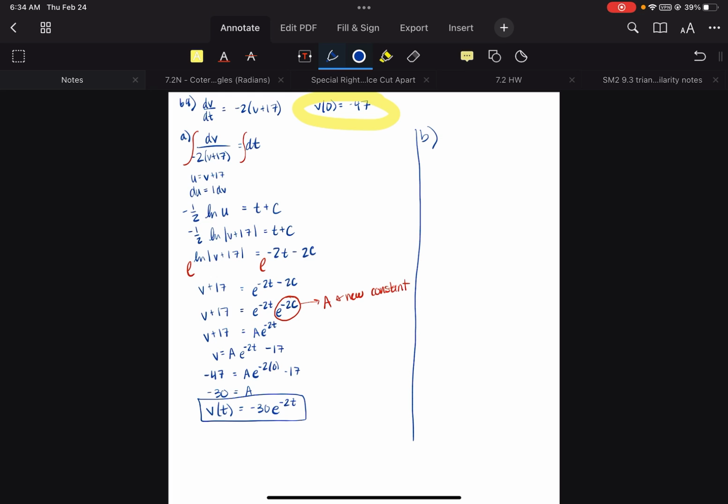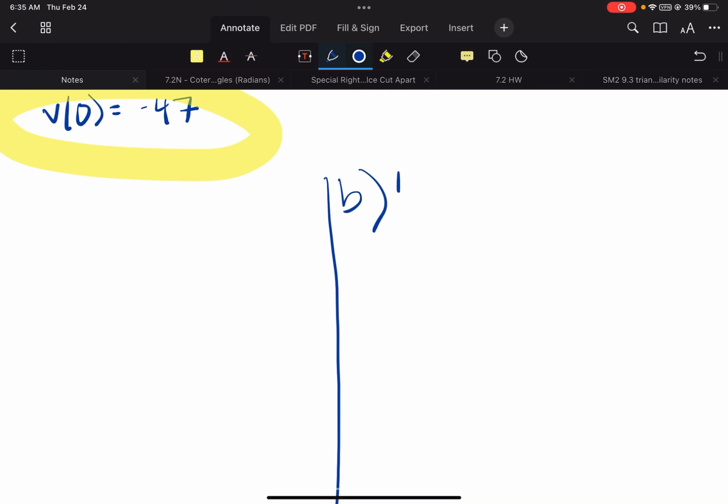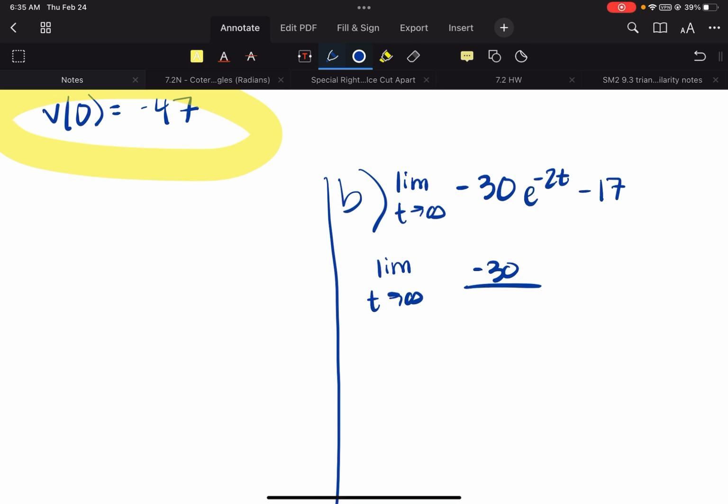Part B wants me to find the terminal velocity, which means I want to find the limit of my velocity function as time goes to infinity. So the limit as t goes to infinity of negative 30 e to the negative 2t minus 17. I'm going to rewrite this because I have a negative exponent, so I can bring the e to the 2t to the bottom of my fraction as a positive exponent.